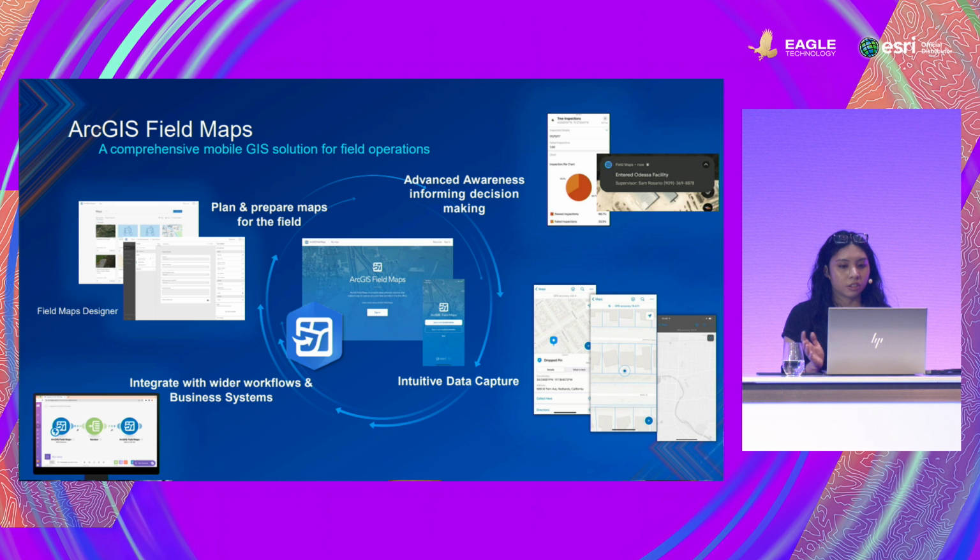Then once they've finished interacting with the maps, they can capture their data seamlessly. So this is where field workers can collect data and conduct inspections through forms created in the FieldMaps designer. New point, line, or polygon features can be added to the map, and data can be updated or appended to related tables for workflows, like inspections.